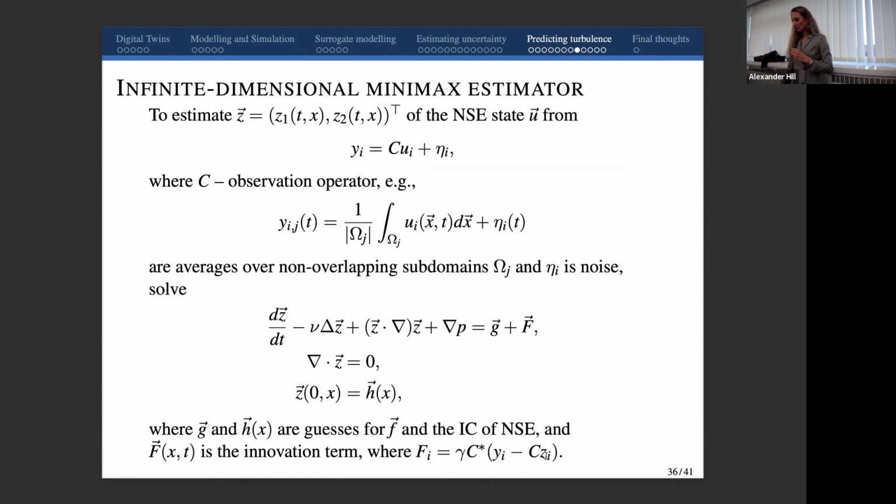So our equations give us the current state of the system. We project it to low resolution, subtract it from our observation data, project everything onto higher resolution, and then multiply it by gamma. So gamma is just a number that tells us how important that observational data is that we consider.